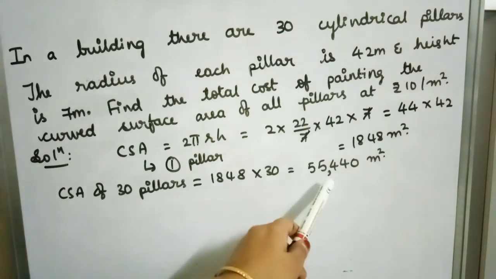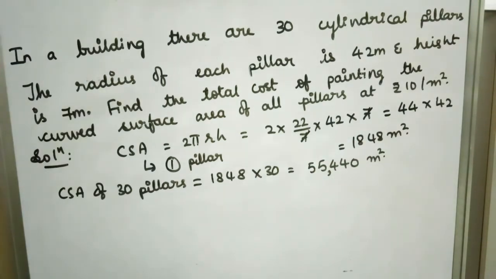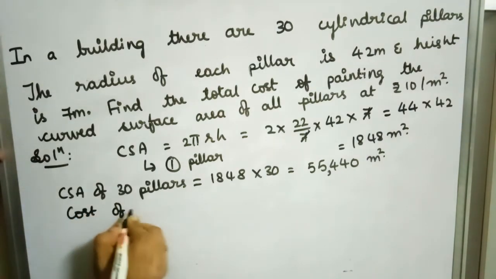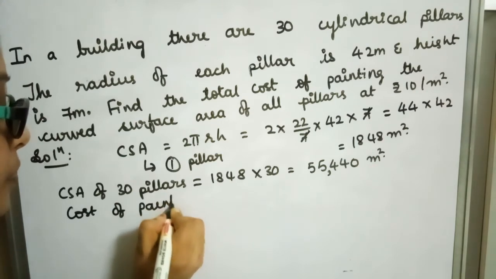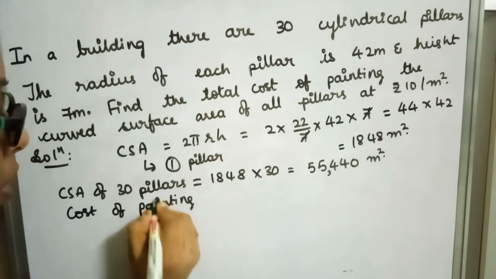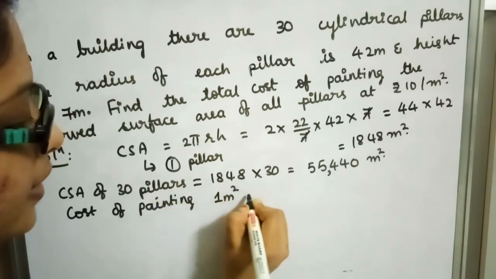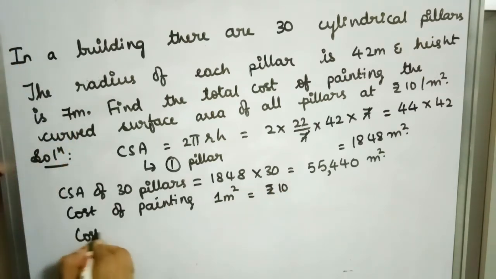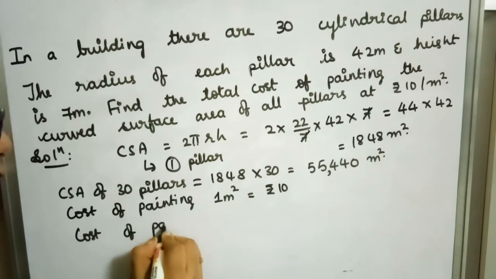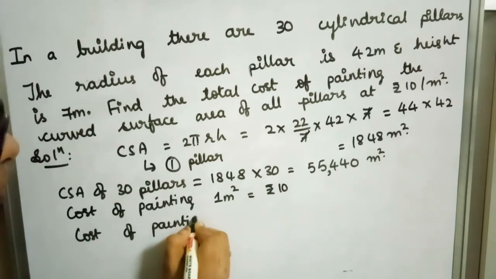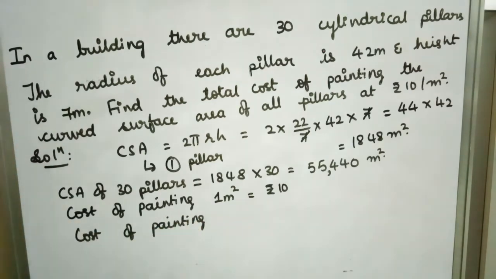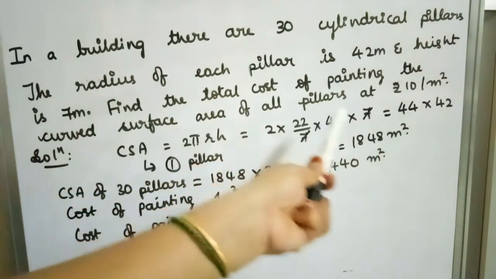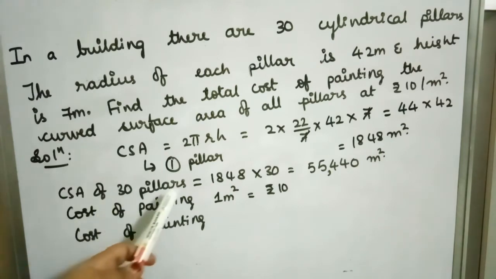So we have to paint 55,440 meter square. So the cost of painting 1 meter square is equal to 10 rupees. Then the cost of painting the curved surface area of all pillars is nothing but the CSA of 30 pillars.